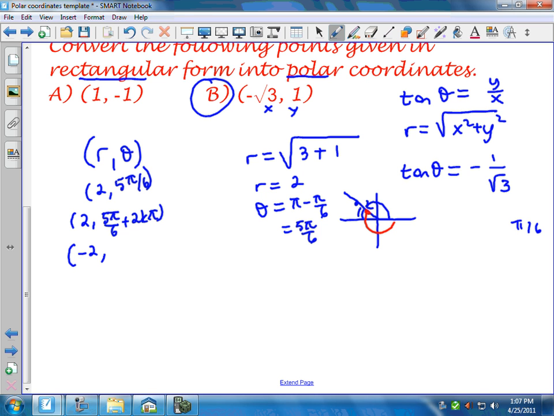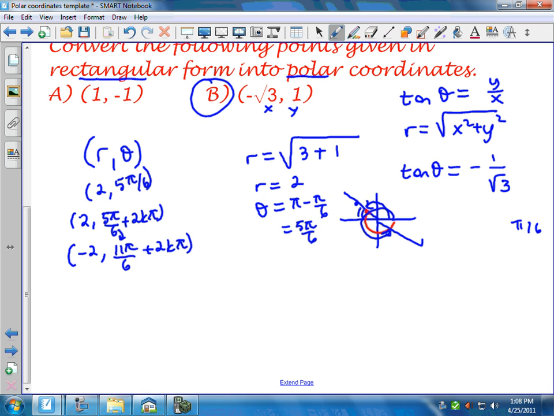So basically now I want you to tell me this angle. And that's 11 pi over 6, or negative pi over 6 plus 2k pi. Basically, when you want all possible representations, if you're going from r to negative r, all you have to do is add pi to the original angle, and that will represent those reflections that we're looking at.